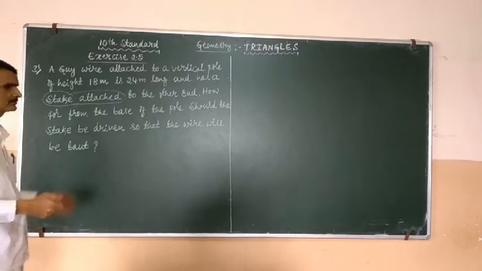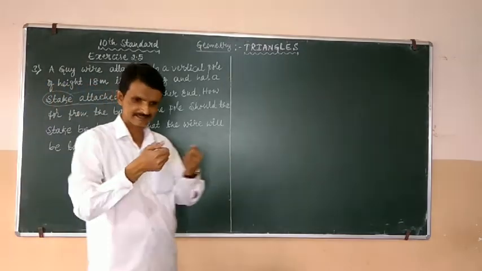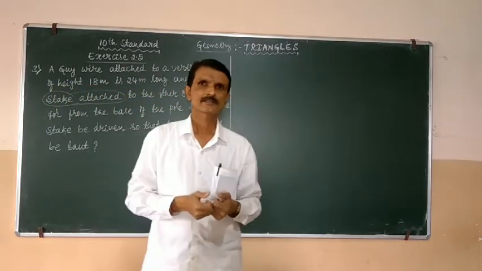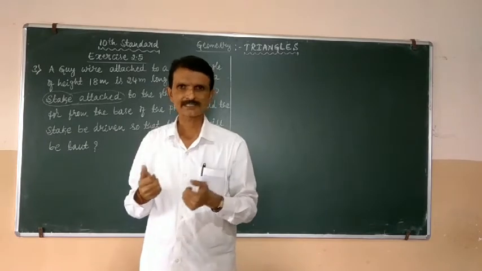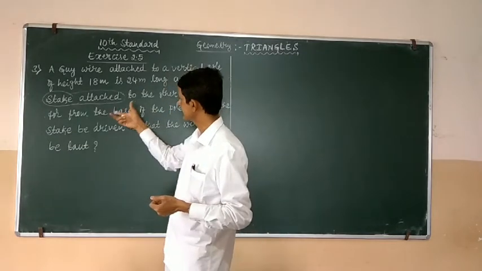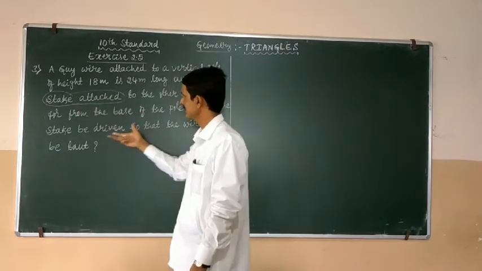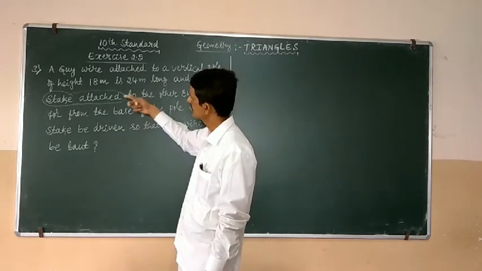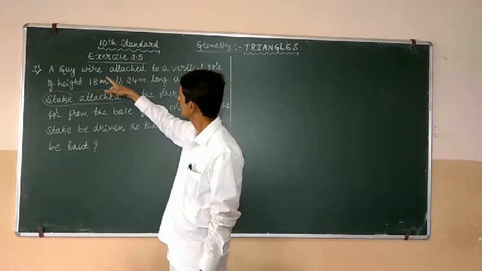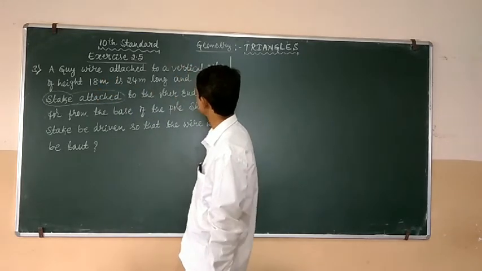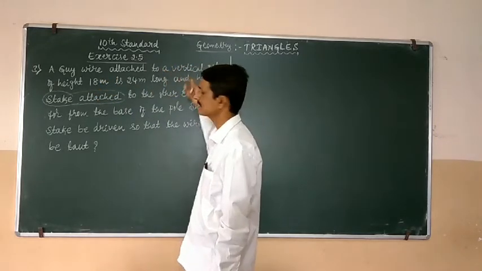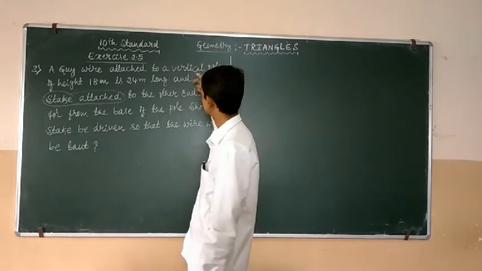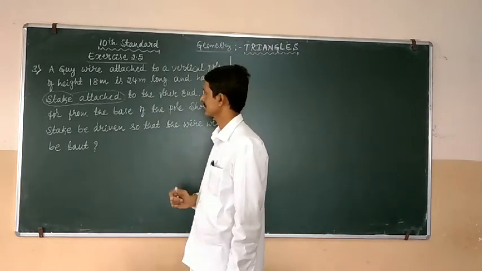So to make the wire tight, we have to drive the stake some distance away from the vertical pole. So it should be driven far away from the vertical pole.